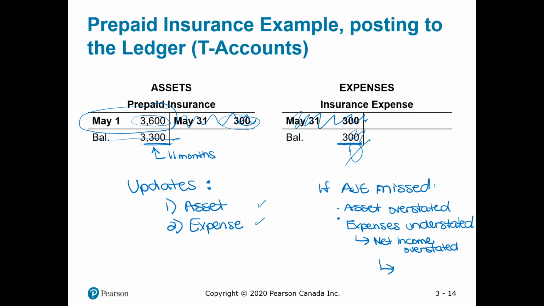And we know net income flows into the statement of equity where we're calculating capital. So because of that, our capital balance, that equity amount, would also be overstated. So you can see that if we miss some sort of entry like this, it impacts a lot of our statements. So it's really important to make sure we get all of these entries recorded.